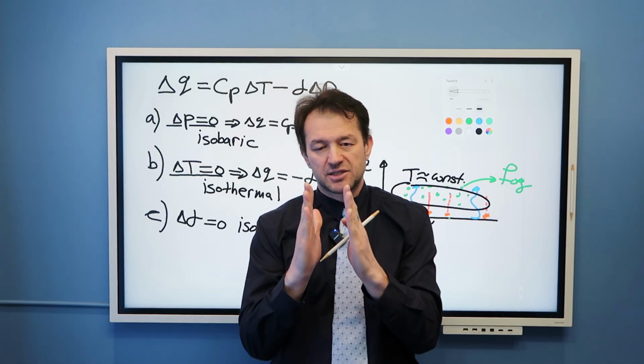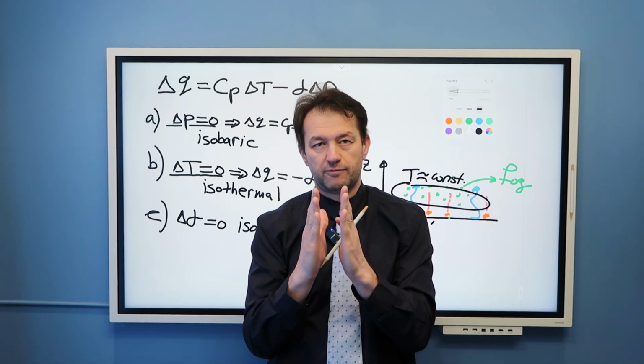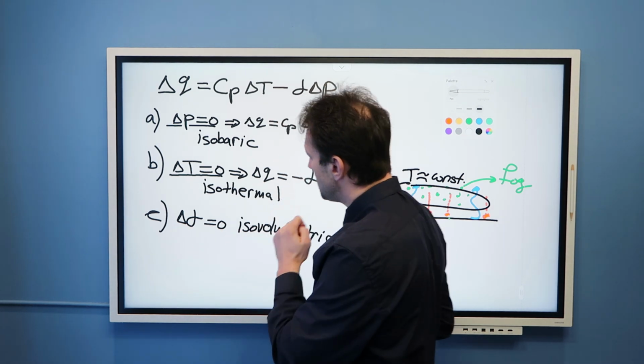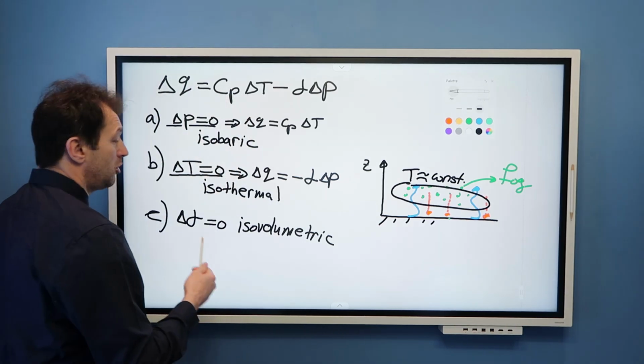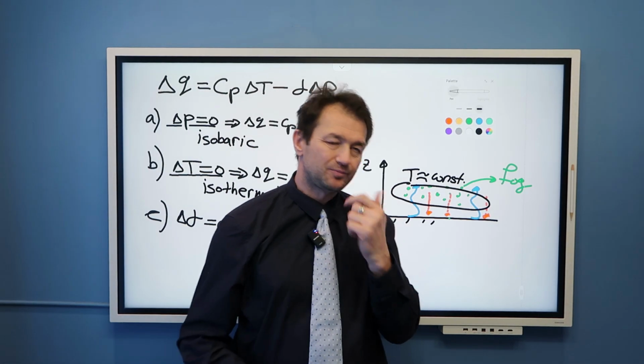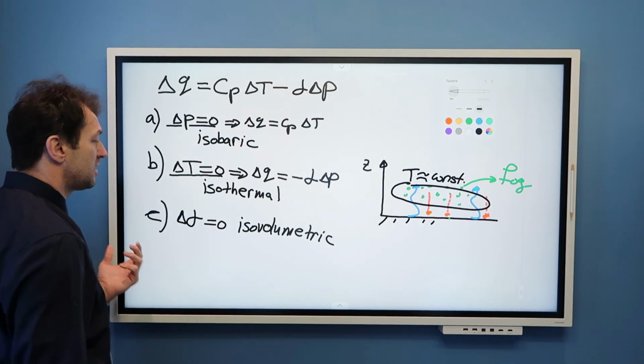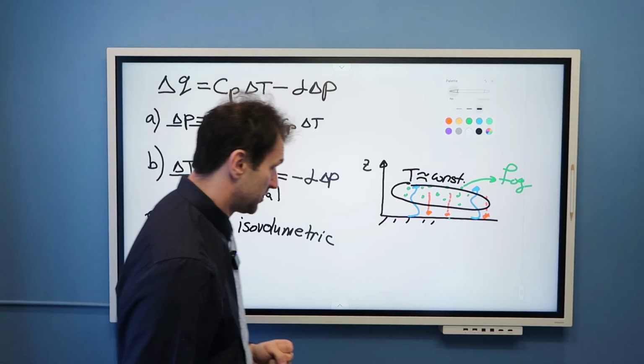Well, before that expansion, heat is absorbed, but there was no change of volume. That would be a nearly or almost perfectly isovolumetric process. But other than that, there are really no other examples I can think of in the atmosphere. Okay.